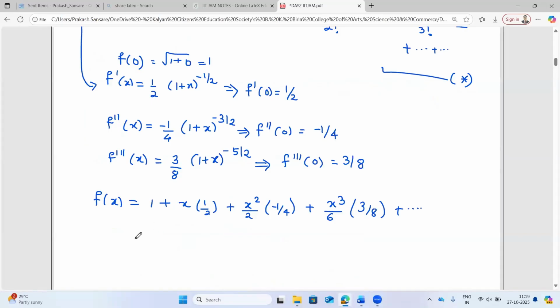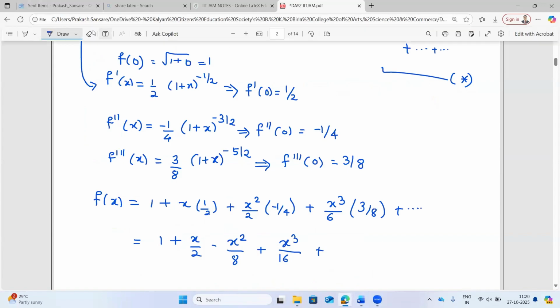So finally, we can say 1 plus x by 2 minus x square by 8 plus x cube by 16. I want only up to power 3.